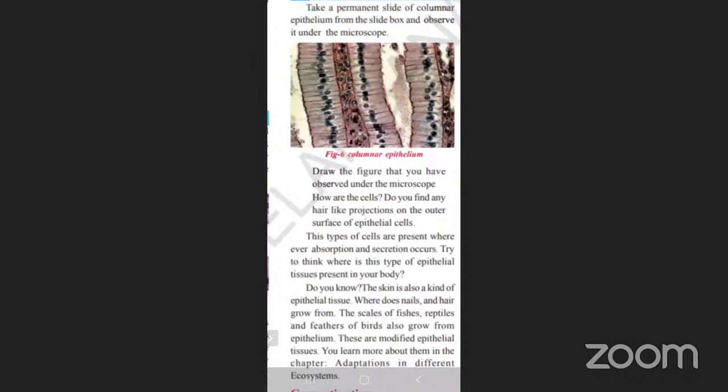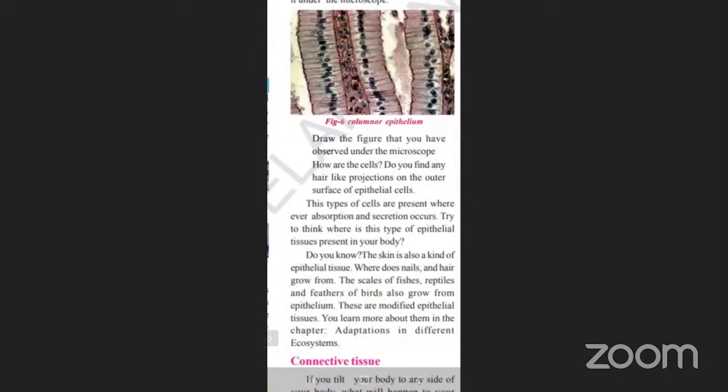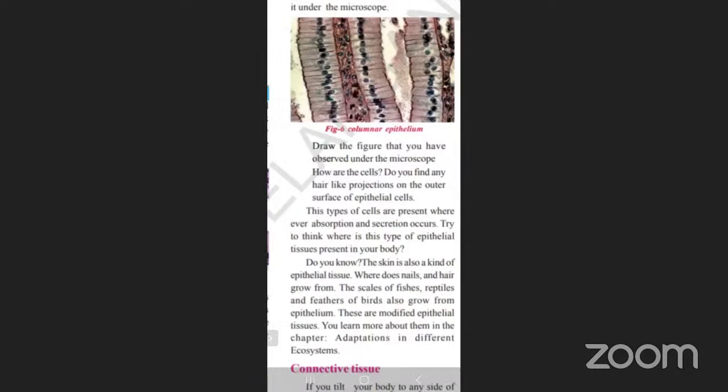About the cells, do you find any hair-like projections on the outside surface of the epithelial tissue? These are the questions. These types of cells are present wherever absorption and secretion occur.